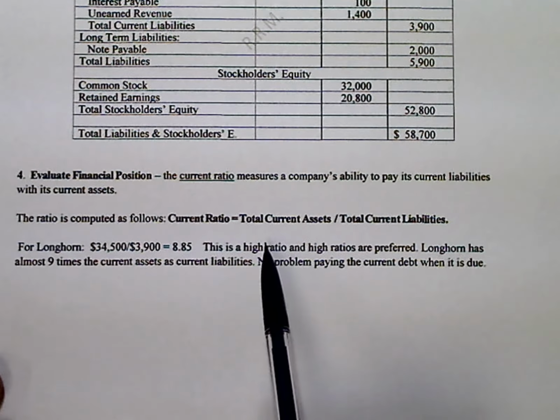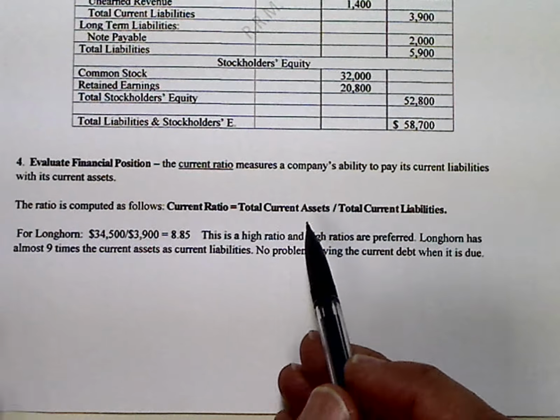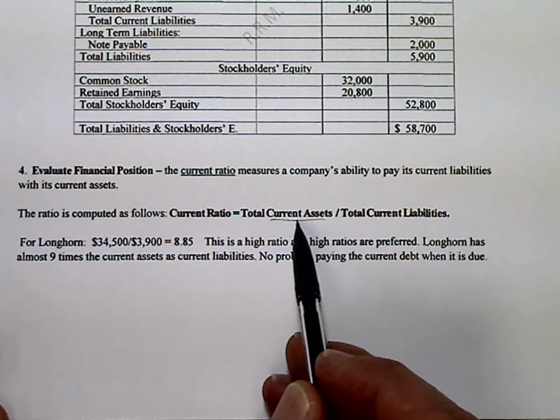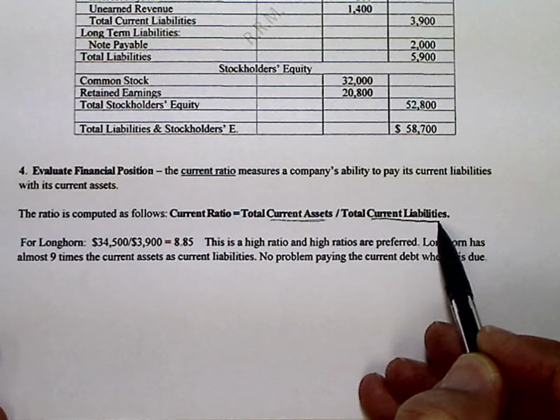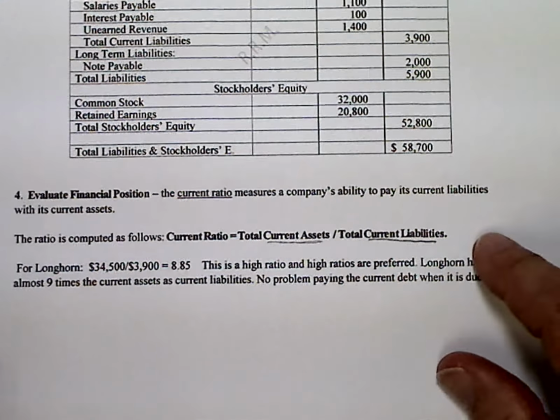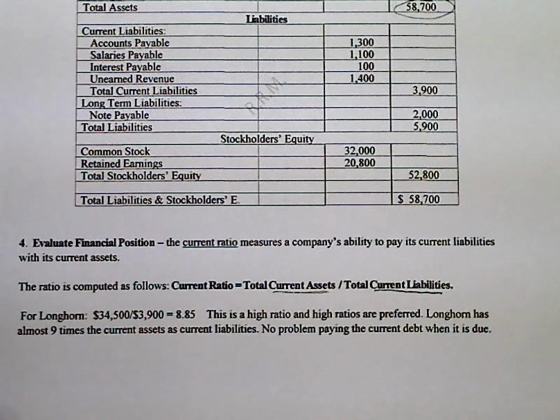Now, what happens is, and bankers use this a lot, bankers look at, well, what are your current assets? How much do you have in cash and will get turned into cash real fast? How about your collections of accounts receivable and things like that? They look at that, and then they look at, oh, how much liabilities, how much debt is coming due soon that this business is going to have to pay for.